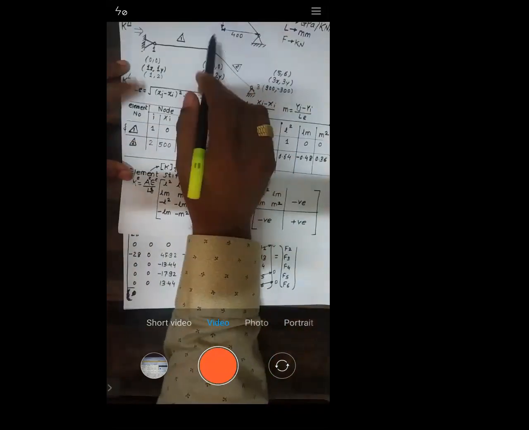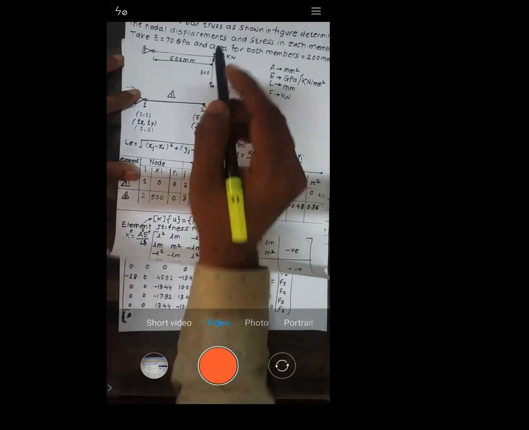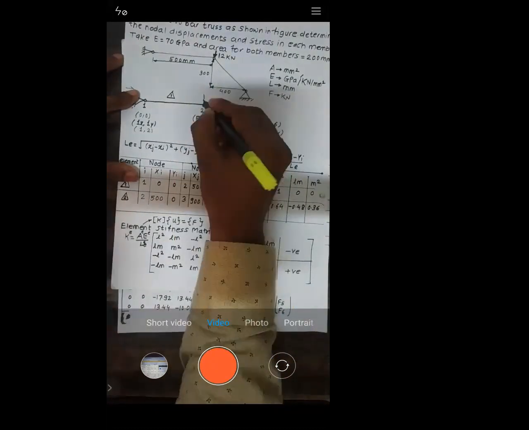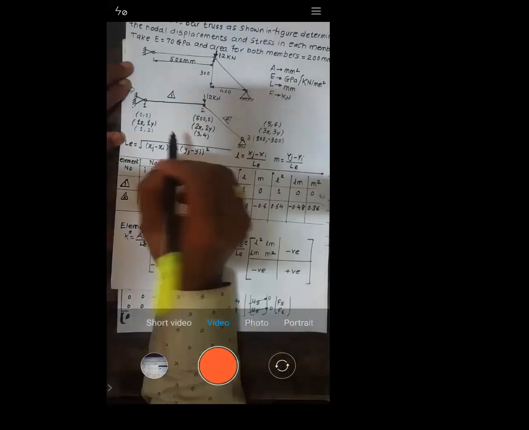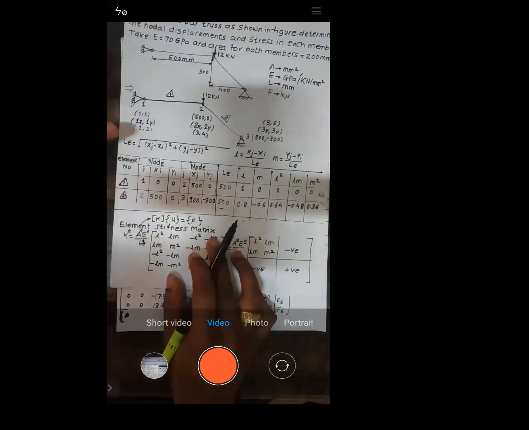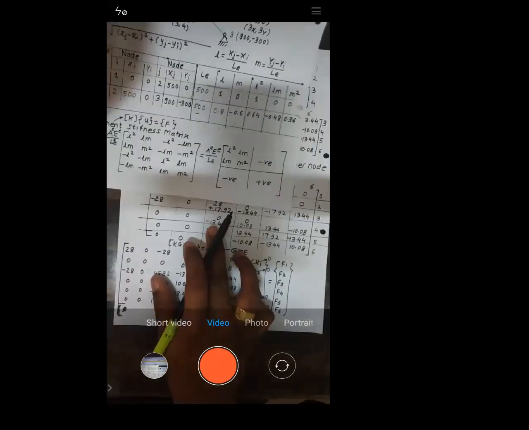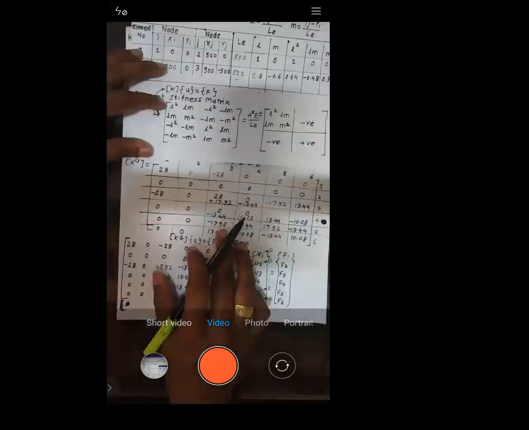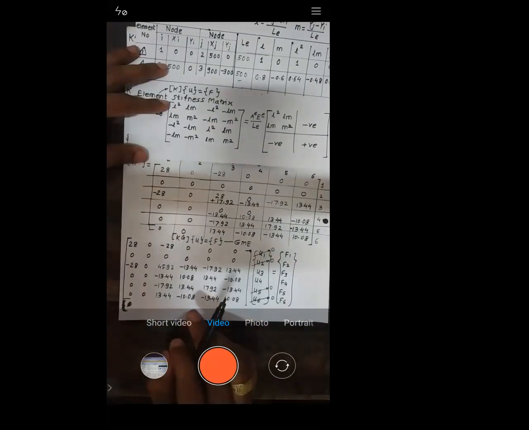The load you applied is 12 kilonewton. In order to balance this 12 kilonewton, the reactions will be generated at node 1 and node 3, because node 1 and node 3 are fixed. So you will get reactions F1, F2, similarly F5, F6.